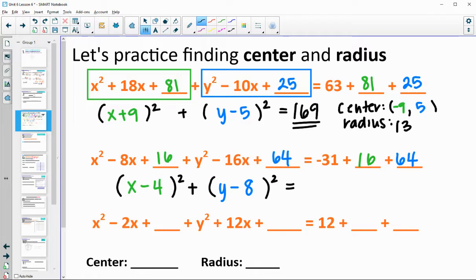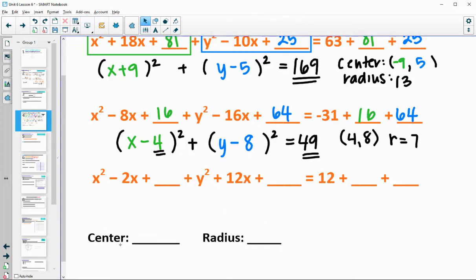So you had negative 31 plus 16 plus 64. So you got 49. So our center here would be negative 4, and then 8. And then the radius would be, so this is r squared. So the radius is 7.